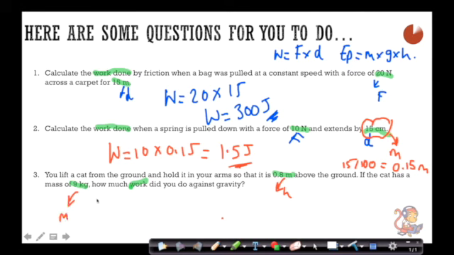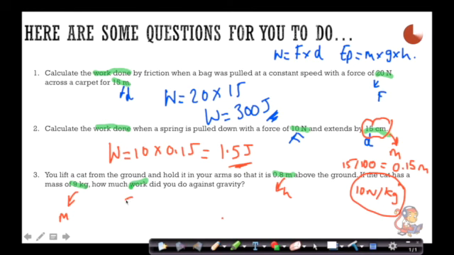This might be where you go to your equation sheet and can't find that equation linking work done and mass and height. So they'll also give you in the question the gravitational field strength, which is 10 newtons per kilogram. Okay, so if you struggle to work this out, that's probably why, because you need that extra bit of information that we talked about before.